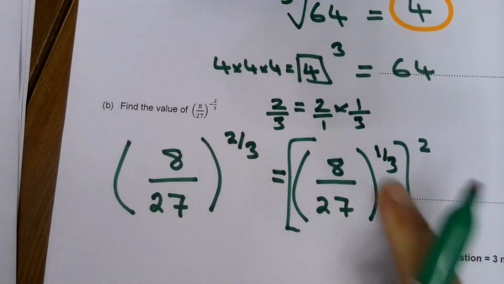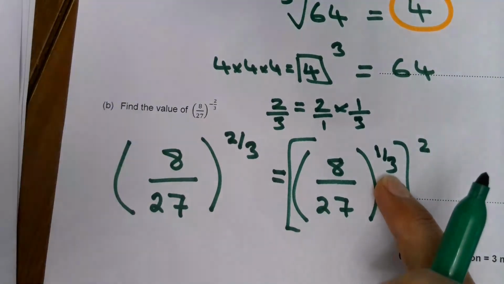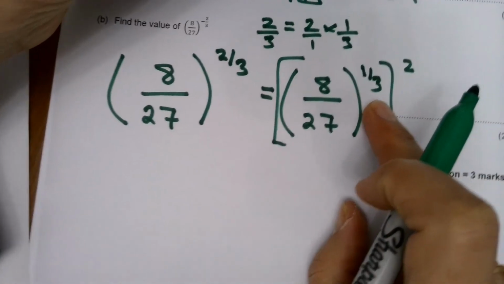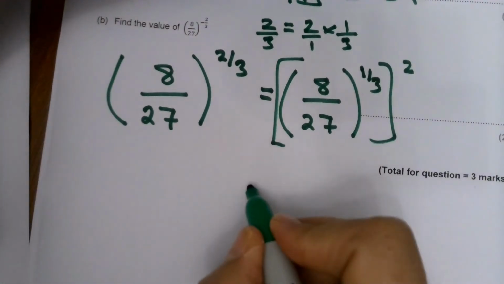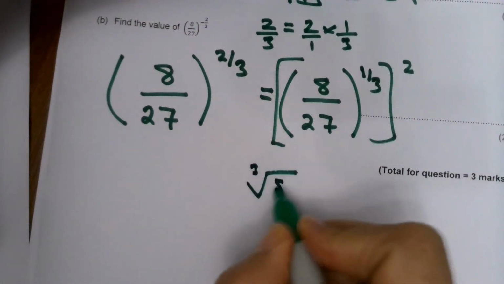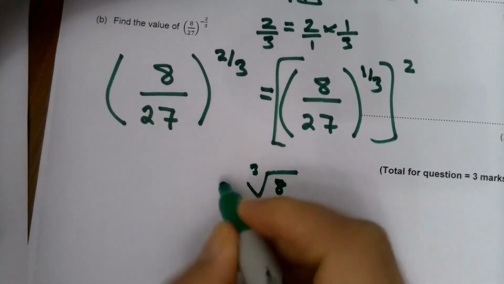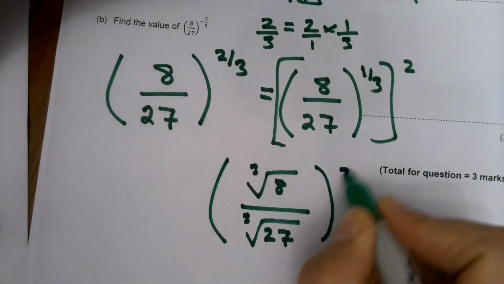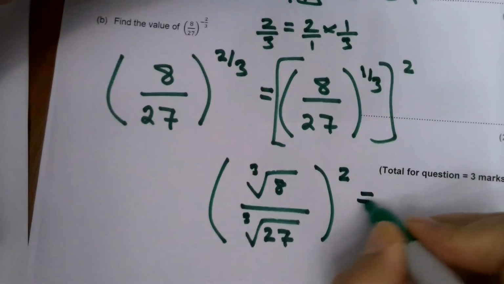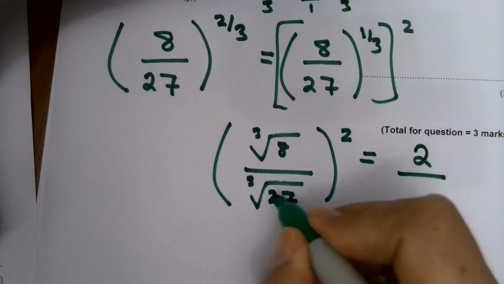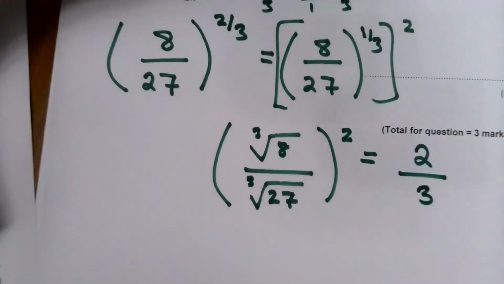Now a third just means the cube root, like we did in the previous question. So I want the cube root of 8 and the cube root of 27, and then I'm going to square my answer. The cube root of 8 is 2 and the cube root of 27 is 3.